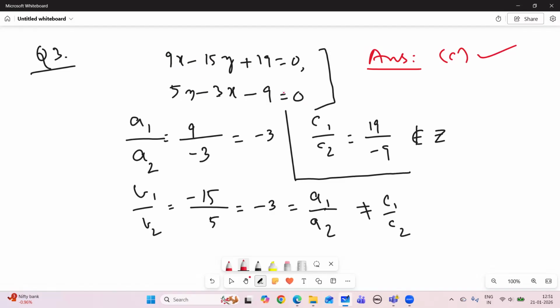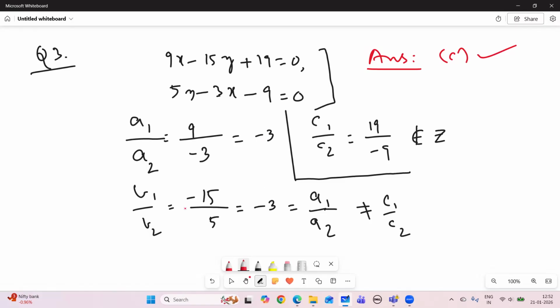Each represents a straight line in the XY plane. So when these two fractions differ, then these represent a pair of lines intersecting at a single point. There will be a unique solution for this pair of equations. But here they are equal.